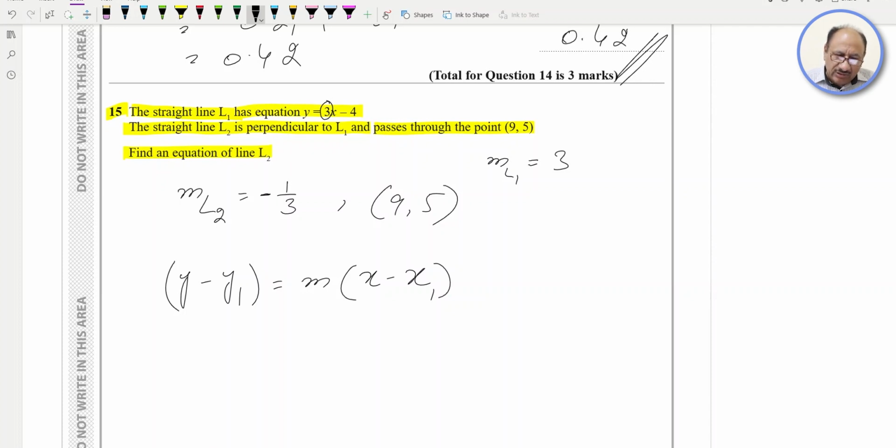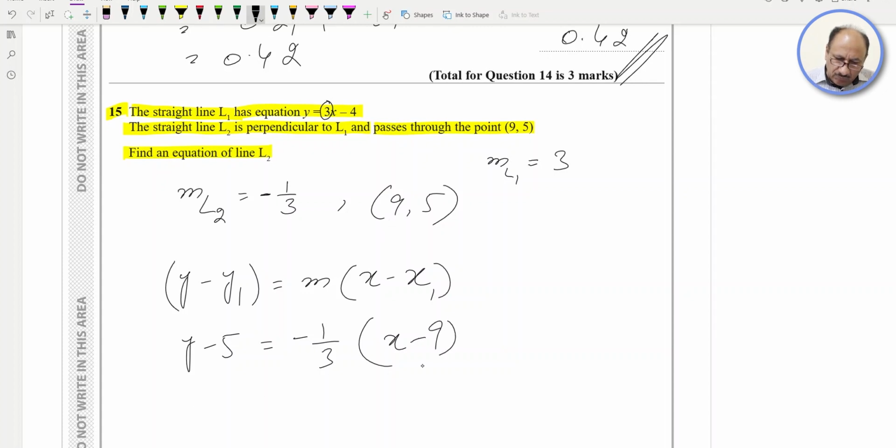You can use that route, or this is the easier route which I'm taking. Hopefully you will try this and this will be very easy. So y minus y1 is 5, so we will write y minus 5 is equal to m is minus 1 by 3, so we can write here minus 1 over 3, and x minus x1 will be 9, so we can write here x minus 9.